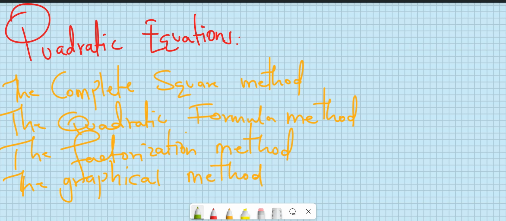So the most common ones, the best ones I'd advise, are the complete square and quadratic formula methods. These ones are given on instances, but as I said, the graphical method is normally used in section B of the paper. We are given a question and then you're told to locate some points and of course the solution. This is based on the rule of interception.